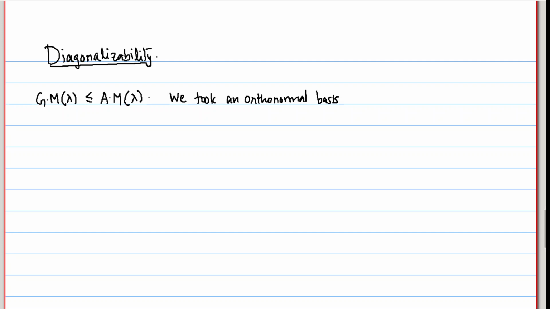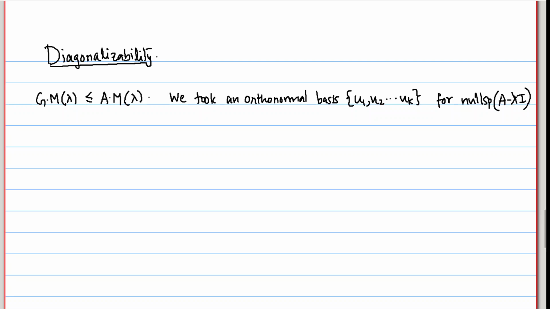After assuming that the geometric multiplicity of lambda is k, we took an orthonormal basis u1, u2 to uk for the null space of A minus lambda I, where A is the matrix we are interested in.